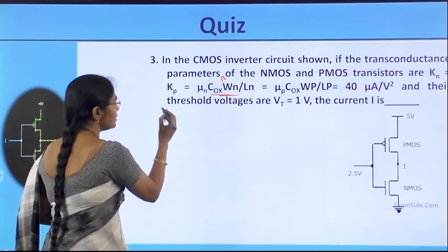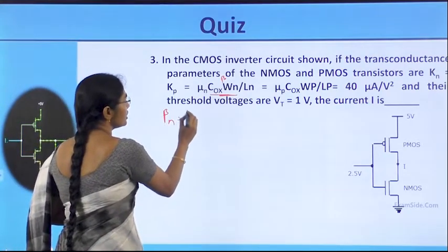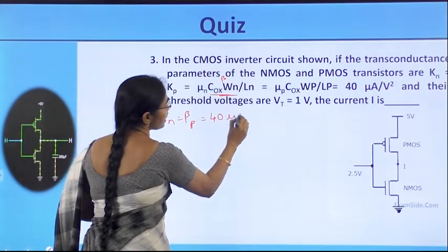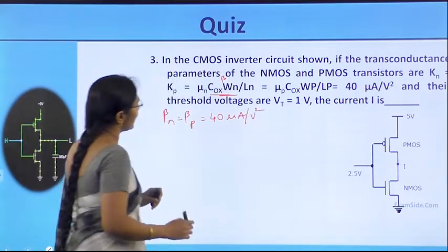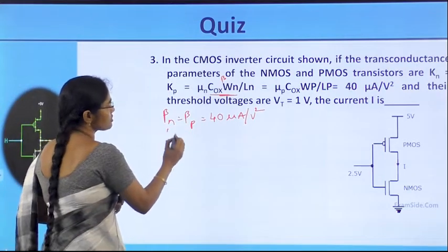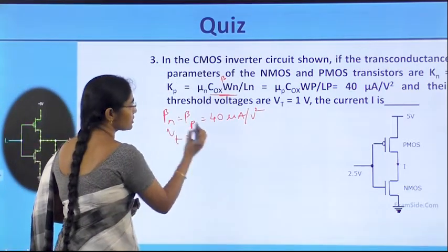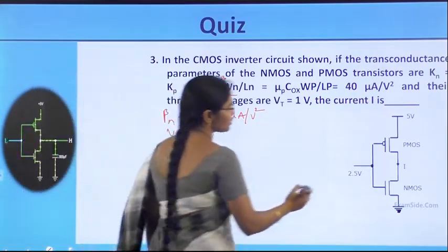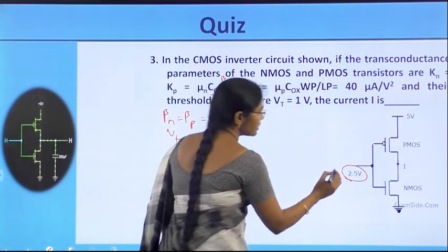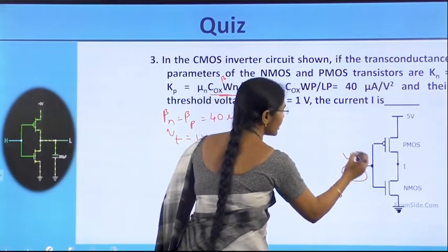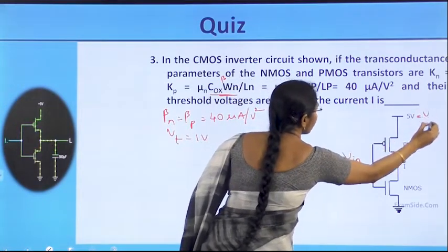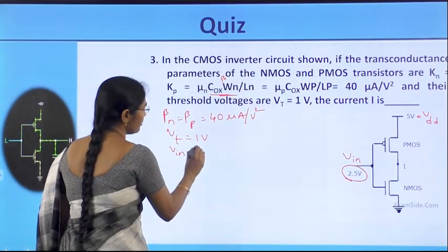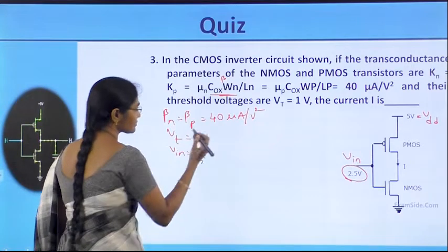So beta n is equal to beta p, which is given as 40 microamperes per volt square, and their threshold values Vt is equal to 1 volt. That means the threshold value for the NMOS and PMOS are the same, equal to 1 volt. And in the circuit, Vin is given as 2.5 volts, VDD is given as 5 volts. That means Vin is equal to VDD by 2.